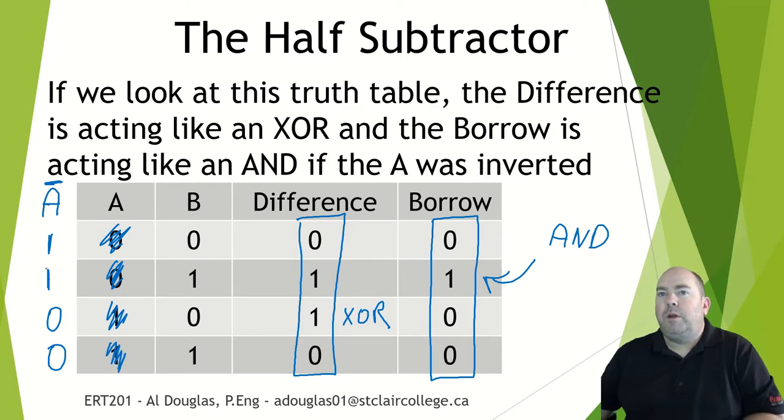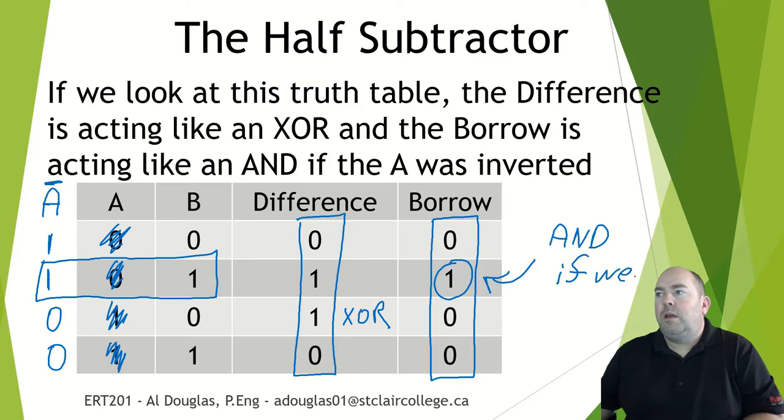So the only combination that shows up is this one here, and that is what gives you your 1. So if we use A bar instead of A, we can use that as an AND gate. Okay?